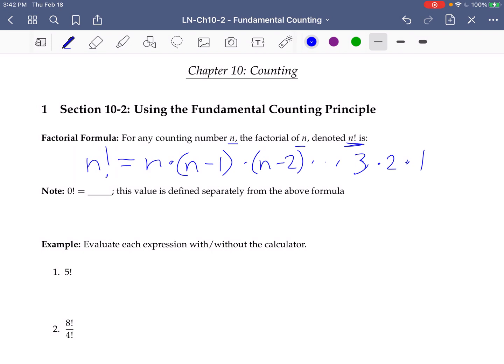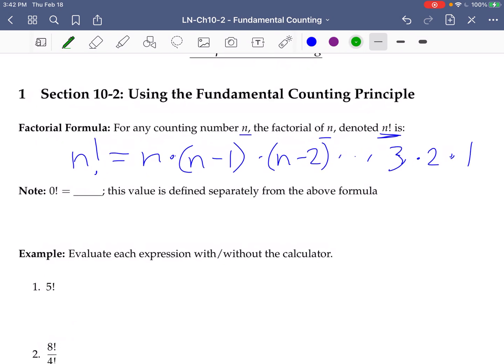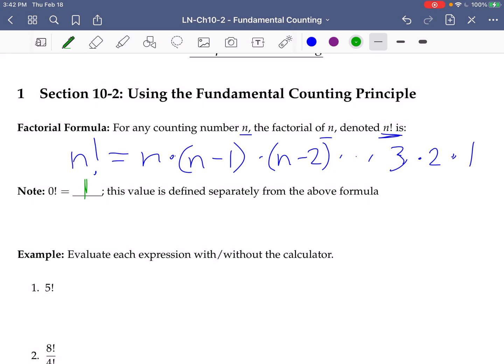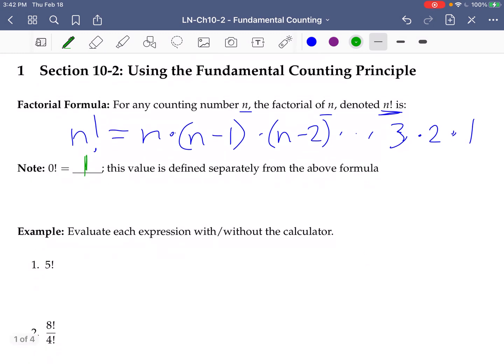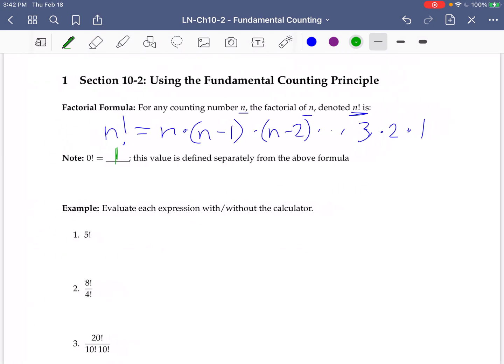In general, at least, for 0, we define that to be 1. It's defined separately from the formula above. But for 1, 2, 3, 4, 5, 6, 7, 8, 9, 10, any counting number n factorial, you're multiplying from that number all the way down to 1.